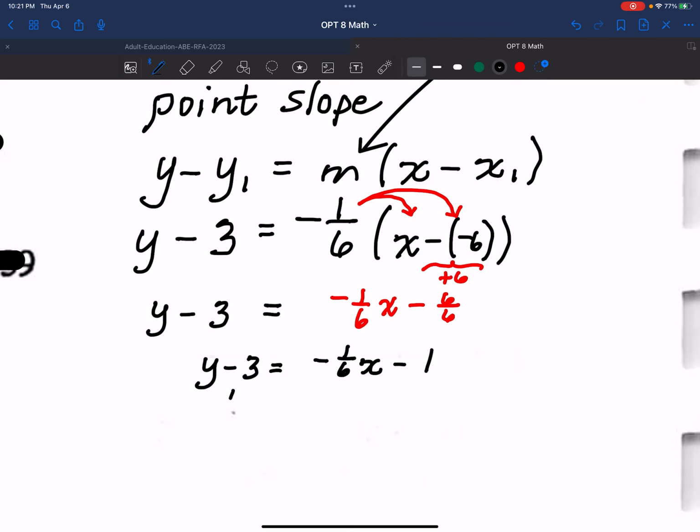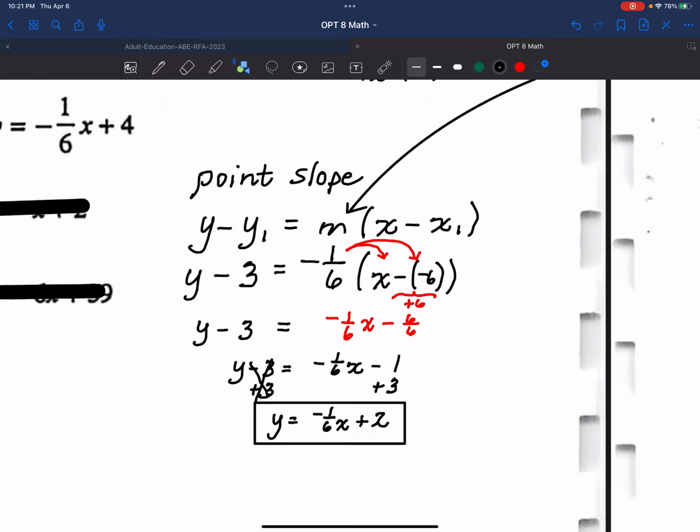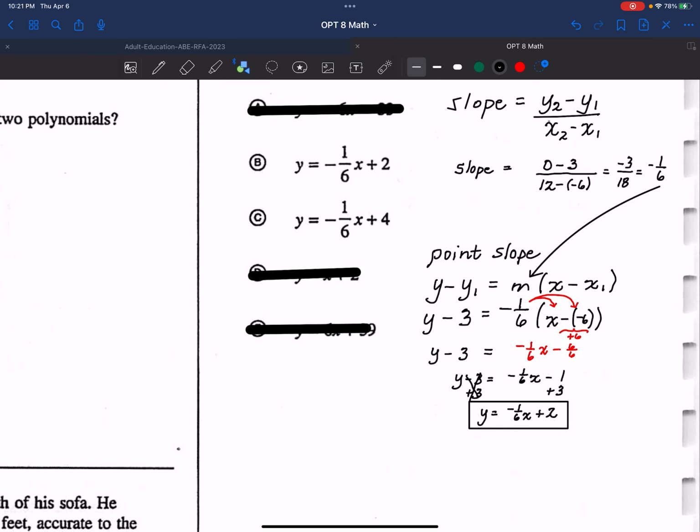And then I need to go ahead and combine like terms. Cancel here. So I'm left with y equals negative 1/6 x plus 2. And that should be one of our answer choices. If it isn't, I'm in trouble.